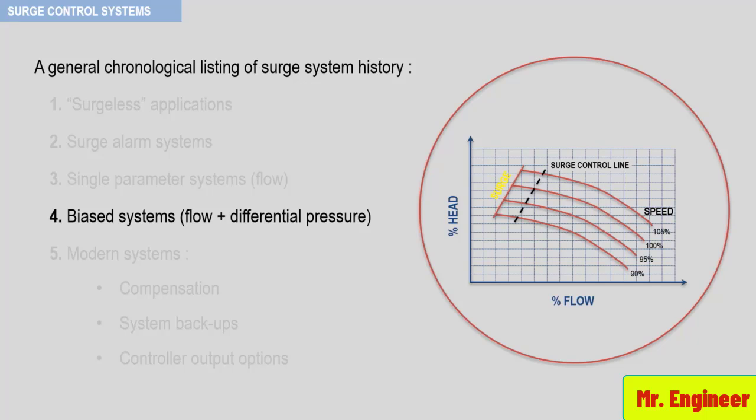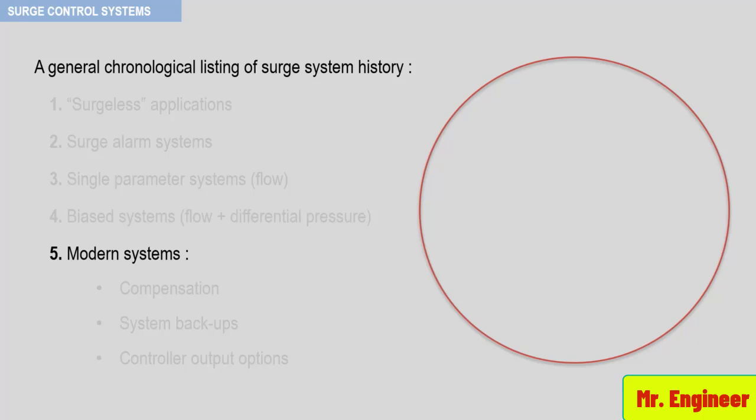The final system in the evolution of surge controls is the modern microprocessor system, which affords many options to protect the compressor against surge. These systems usually employ compressor inlet and discharge temperature inputs, in addition to flow and differential pressure for each compressor section.